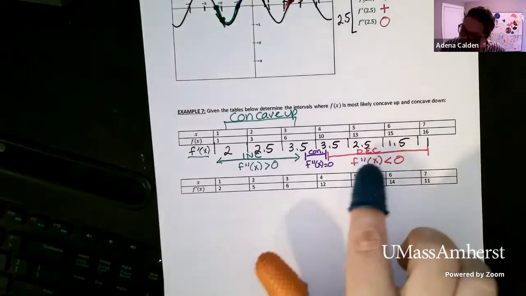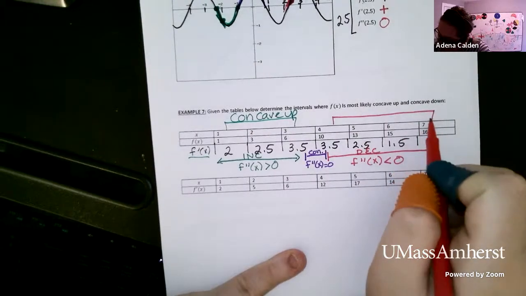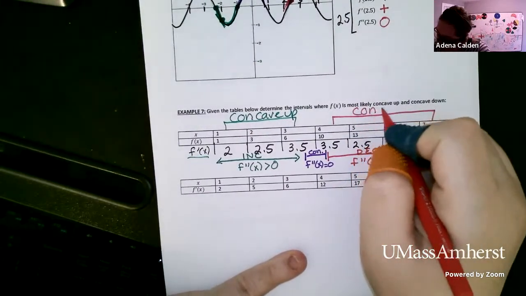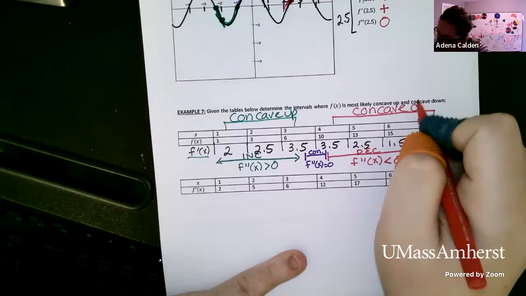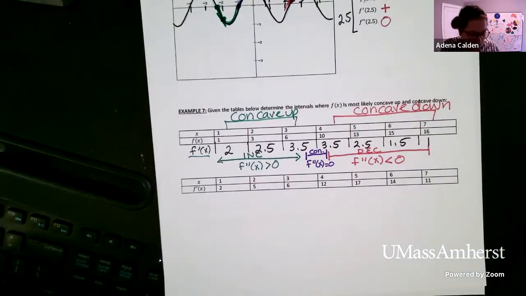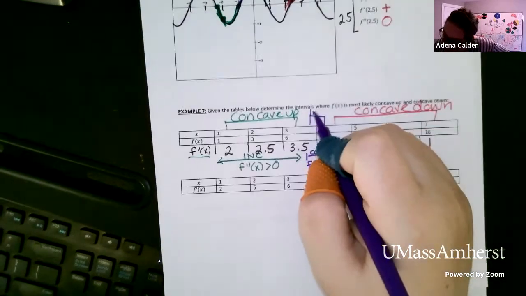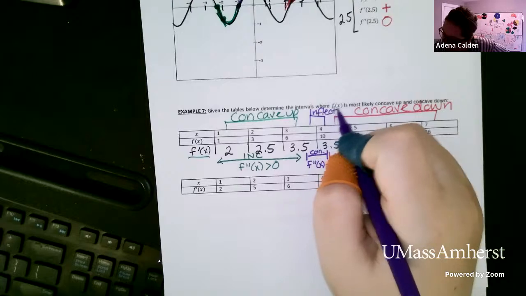Similarly, when the second derivative is negative, on that same interval is where we are concave down. And then right here in the middle, this is the most likely place that we will have our inflection point.